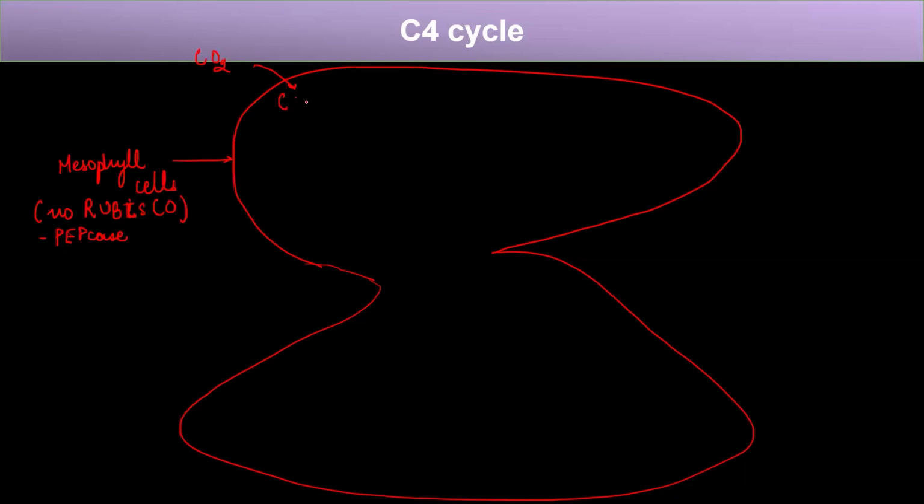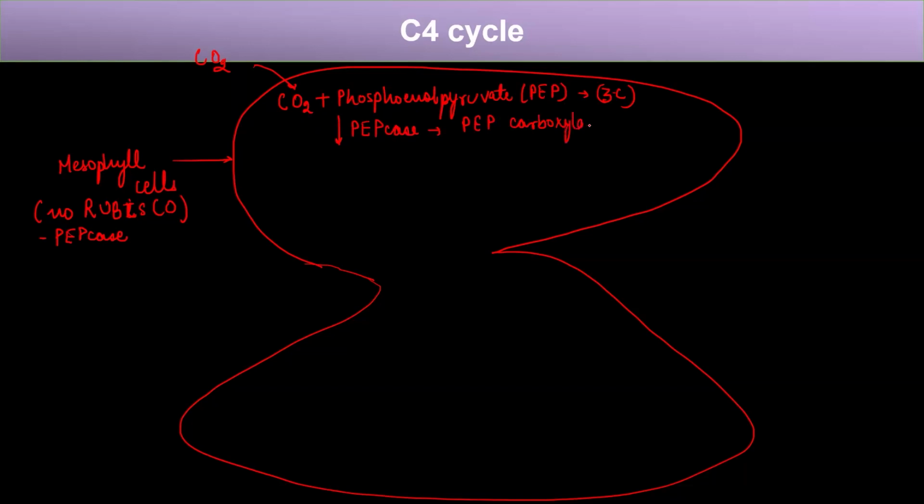Here, this carbon dioxide, in the presence of a substrate known as phosphoenol pyruvate, or PEP, which is a 3-carbon molecule, binds to phosphoenol pyruvate in the presence of the enzyme PEP carboxylase.